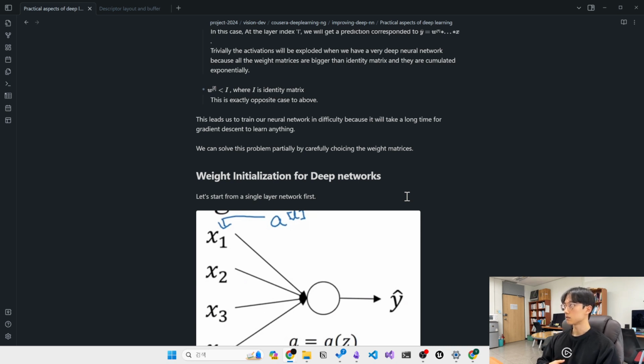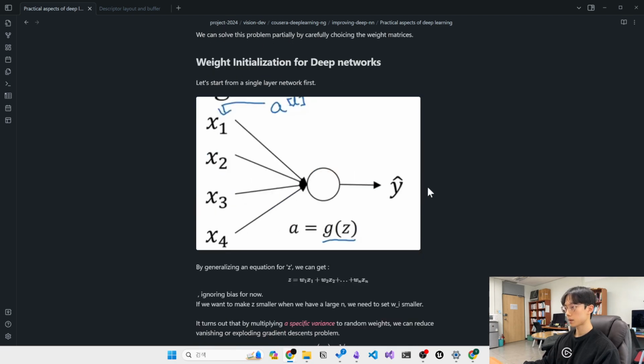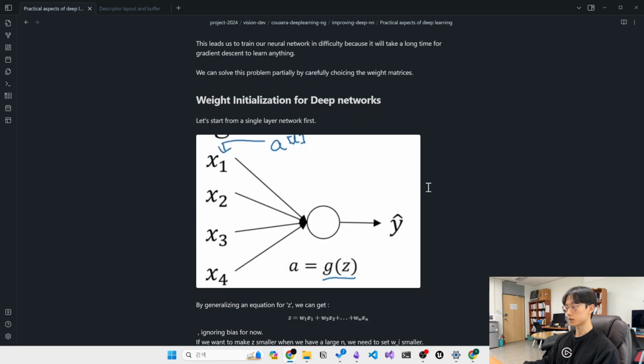And if all the weight matrices are larger than the identity matrix, by following the multiplication property of matrices, we will get cumulative matrix values, and it is cumulative in an exponential way. So it can be so huge numerically and mathematically.